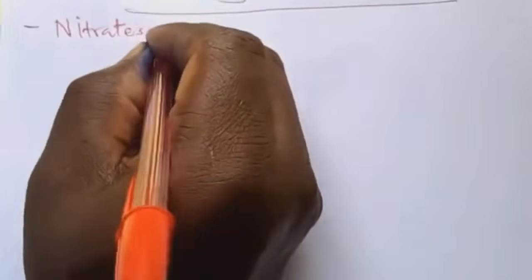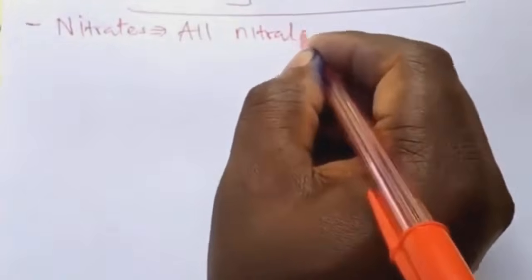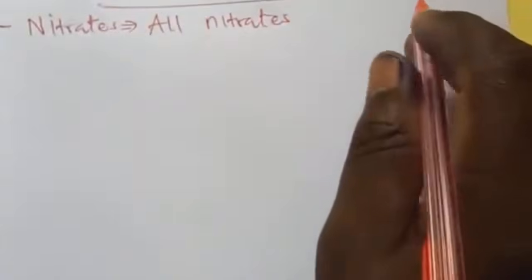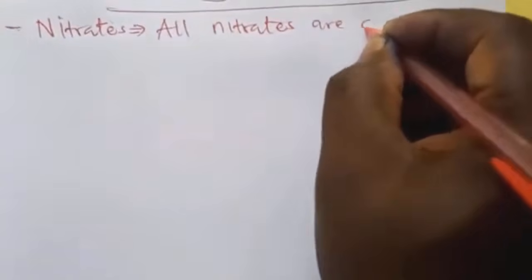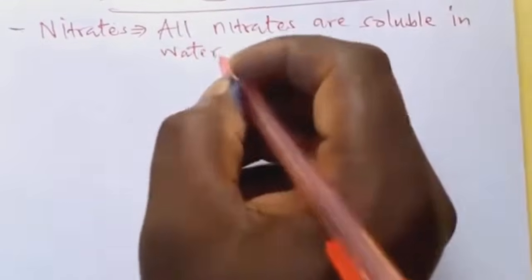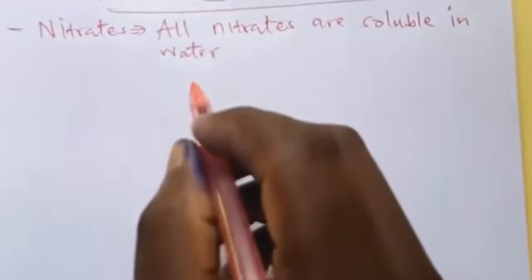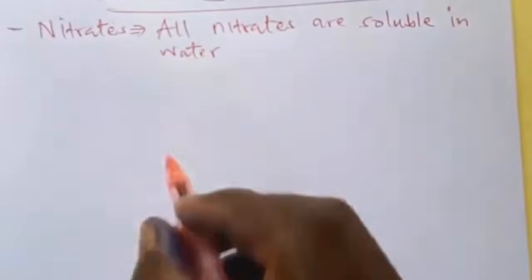We will start with nitrates. All nitrates are soluble in water. When you dissolve them in water, they form a soluble salt.